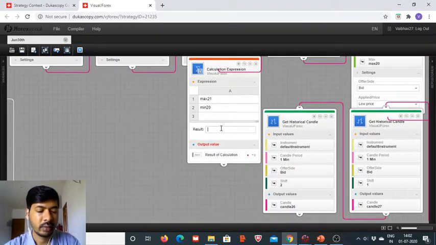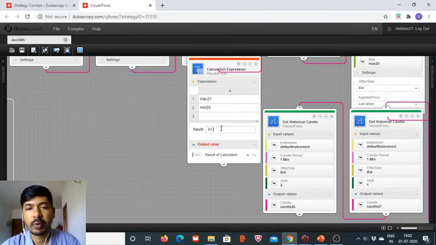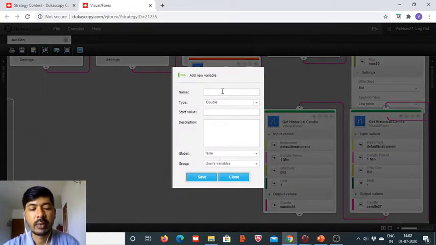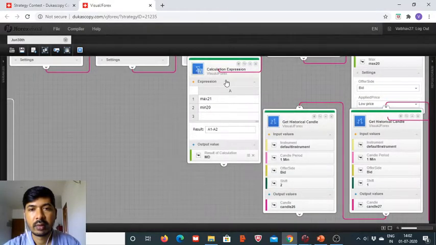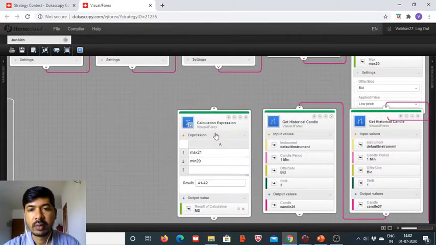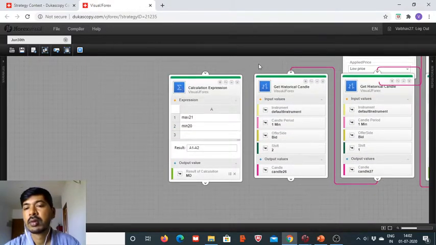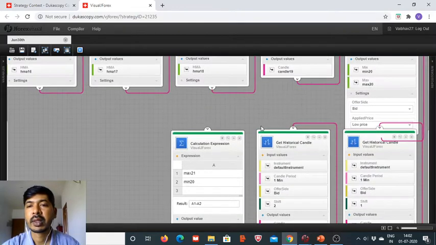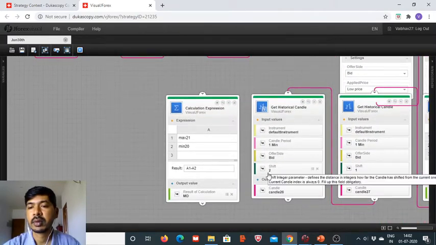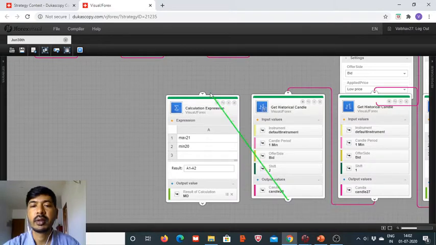And here MS Office convention to get the formula right, M1 minus A2, and it will be min max difference MD. So here it is. Get historical candle. Now this calculation is ready.